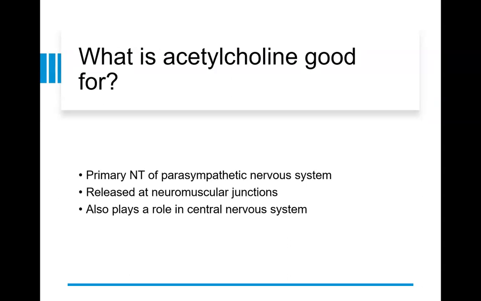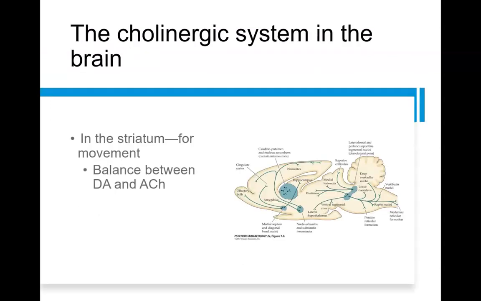Now, what sort of things is acetylcholine good for? I've already mentioned a few of these. It is the primary neurotransmitter of the parasympathetic nervous system. It's released at the neuromuscular junction, so the whole reason that you can contract your muscles is because of acetylcholine. And it also plays a role in different facets of the central nervous system.